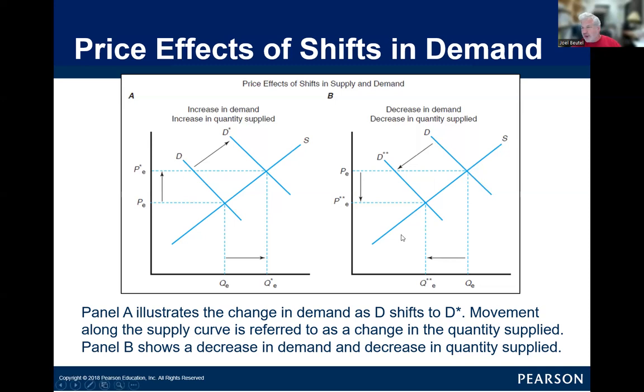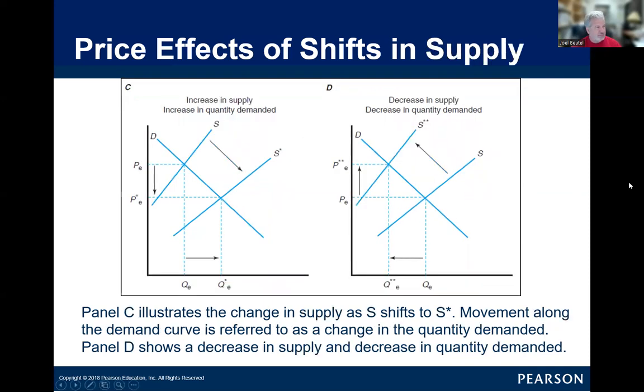If we drew this graph for a supply curve, which unfortunately your book does not do. Actually it does on the next one. Sorry, my mistake. So if we do this for the supply curve, what we'll see is a different relationship, which is that supply is inversely related to prices.